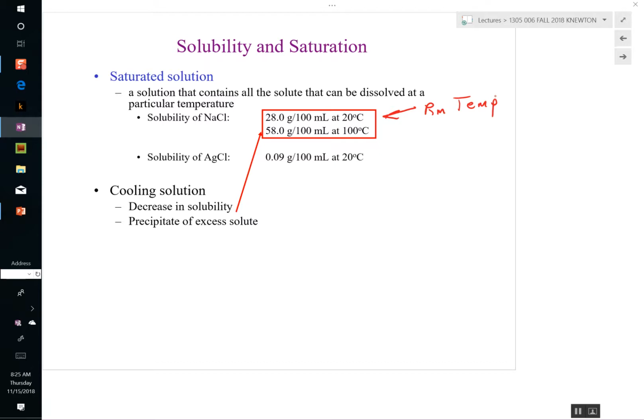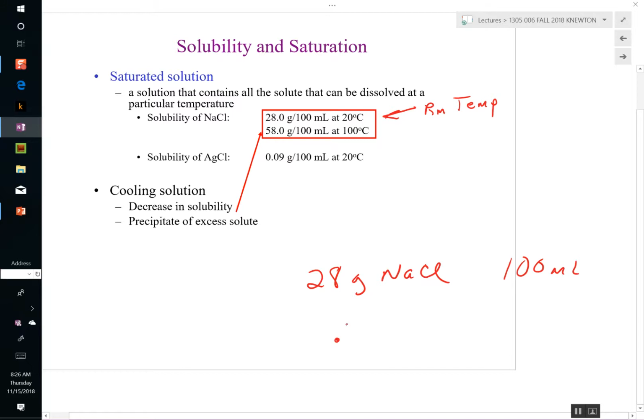Now we don't say that about silver chloride. You'd say, well, it's still a silver ion and a chloride ion. It's still an ionic substance. Yes, but silver chloride is not very soluble in water. 0.09 grams in 100 milliliters of water. Now compare that number to the 28 up there. Let's just round that off to a tenth. We can get 28 grams of sodium chloride in 100 milliliters of water at room temperature.